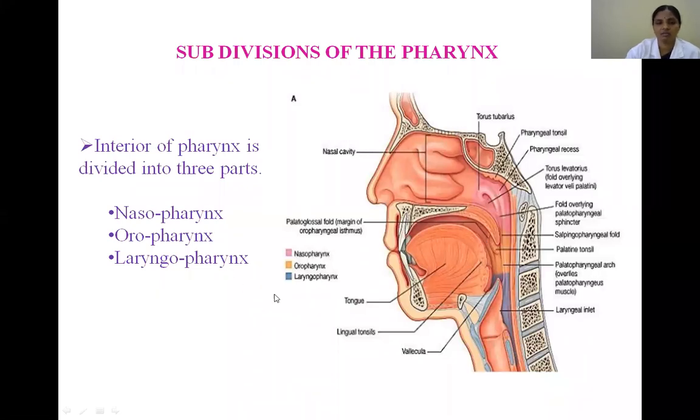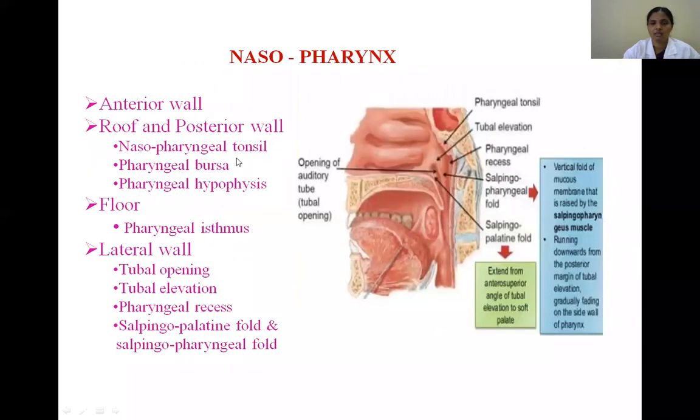Now coming to the individual divisions of the pharynx. Just see here, the nasopharynx. What are the boundaries for this nasopharynx? What is the boundary for the anterior wall? Here you see there is no anterior wall because it is just a backward extension of the nasal cavity.